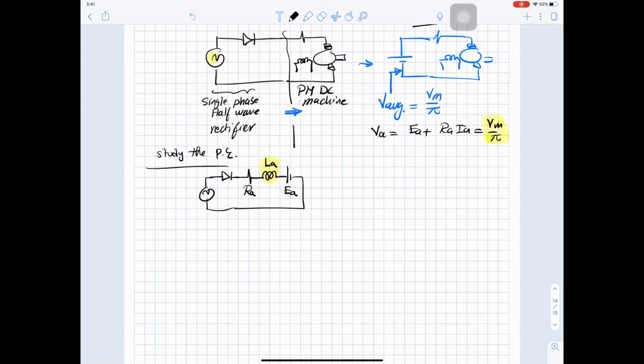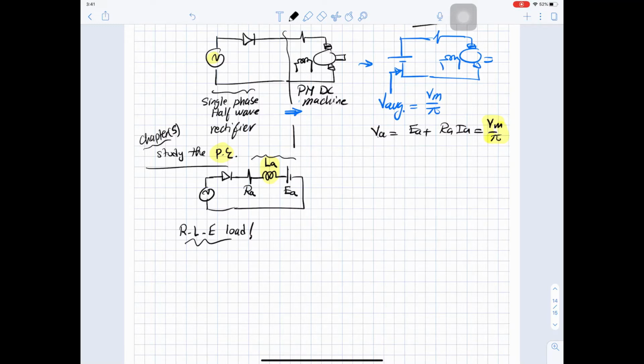So for power electronics, which is this chapter here, chapter 5, our goal is to see how the power electronics will react with this type of load, the R, L, E load. So this will be our ultimate goal, and we will do this in steps.